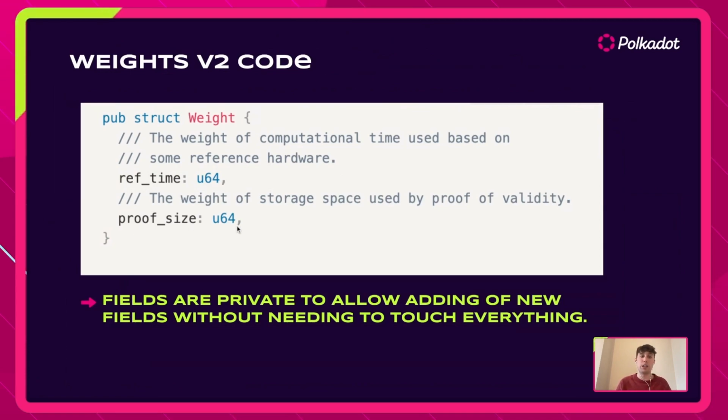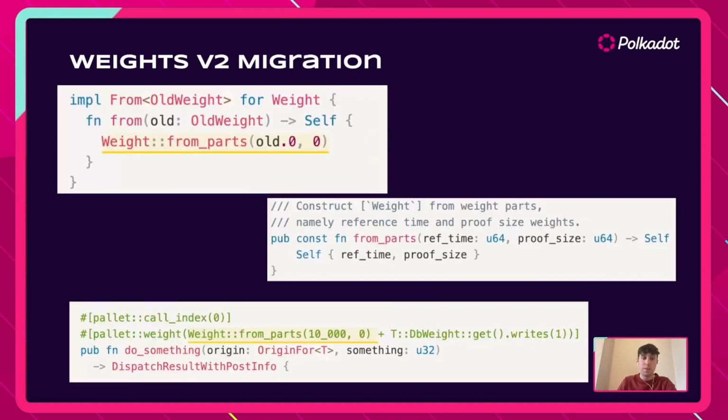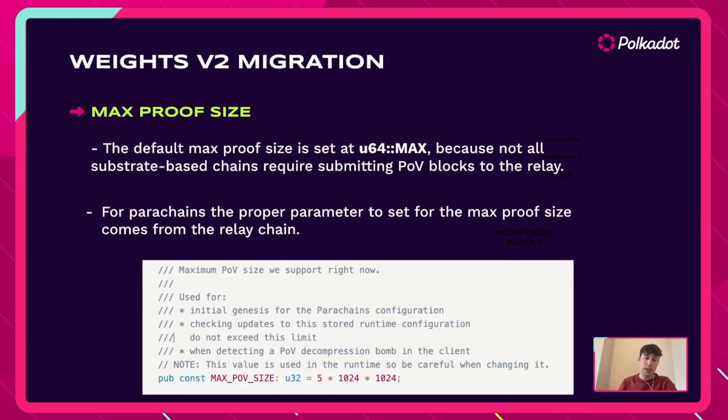Proof size is a U64, so it's the maximum because we are actually not using proof of validity. And for parachains it's a bit lower, because for parachains this comes from the relay chain. And the max from the relay chain, this is a chunk of code that comes from the Polkadot repository itself, is the max proof size that you can have in your weights.